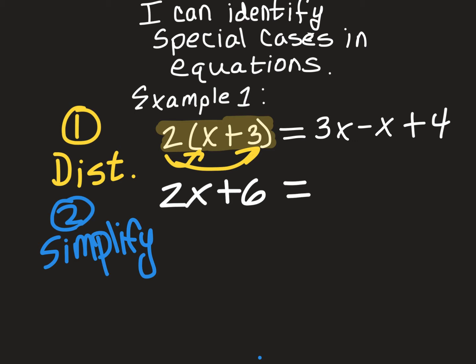No. Can we combine anything over here? Yes, because we have x's. We've got 3 x's, and we're going to take away 1 x. So 3 x's take away an x gives us how many? If we had 3 and we took away 1, 2x. And then I'm going to bring down the 4.